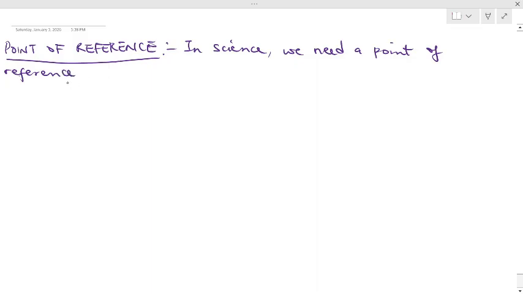So as an example, what is important here is the perspective. So we want to look at some examples.